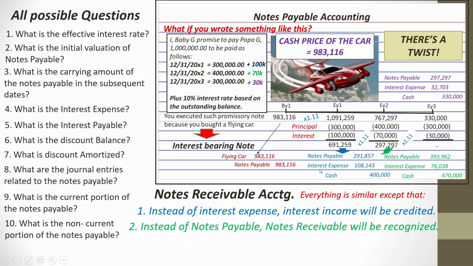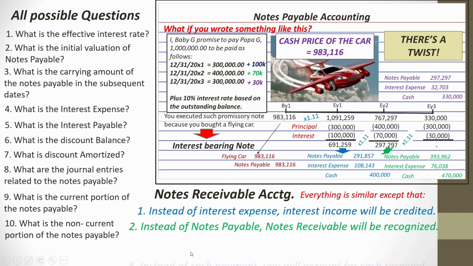If the notes payable is debited by Baby G, Papa G will credit notes receivable instead. Meaning, not only the account titles are changed, but also their placements as debits or credits are reversed. Normally, the debits here are credited by Papa G, and the credits here of Baby G will be debited by Papa G.